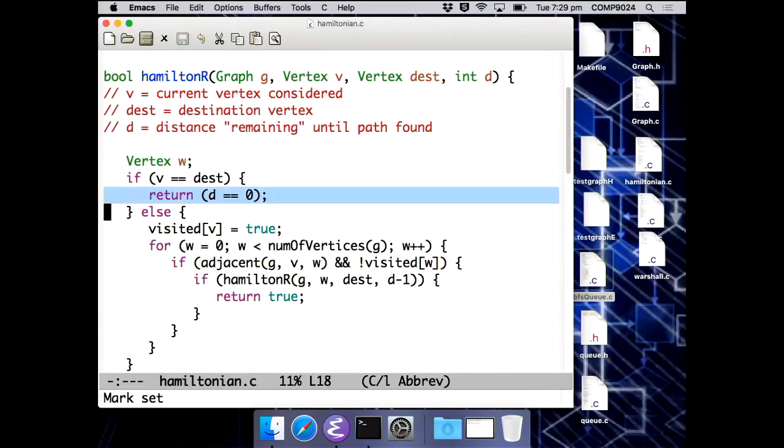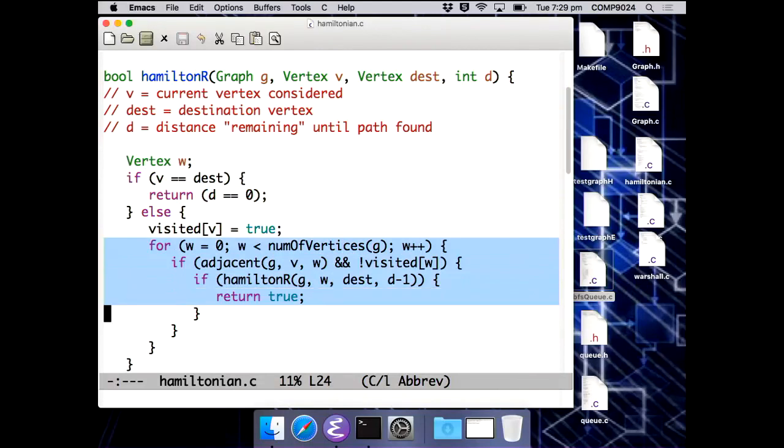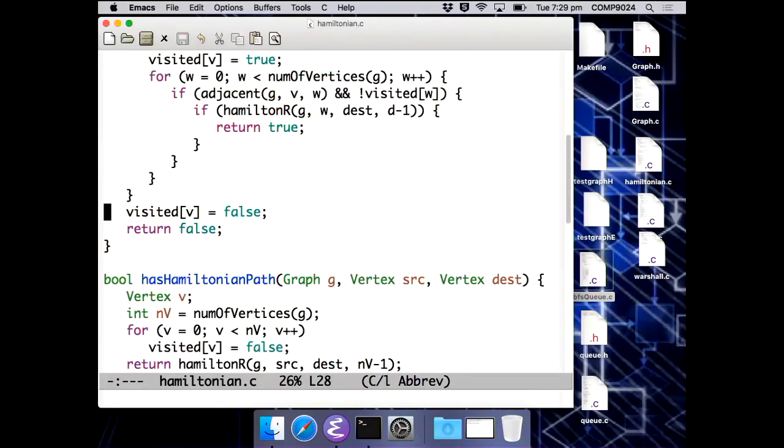If the remaining depth is 0, then we can return true once we found the destination. If it's not 0, this algorithm would return false. And other than that, it would just apply the Hamiltonian algorithm in exactly the same way that we have seen, now implemented as a C program.